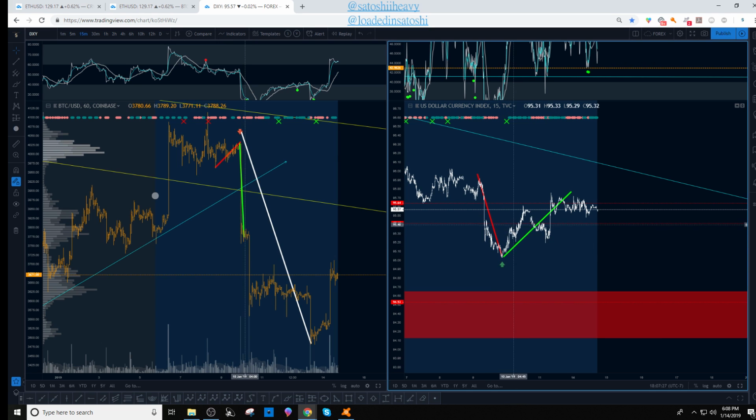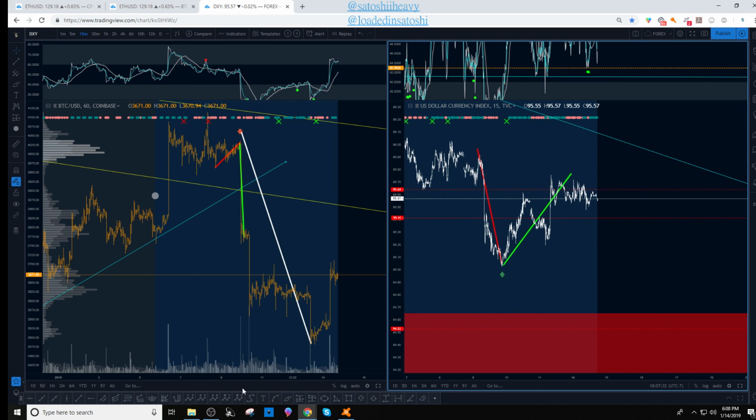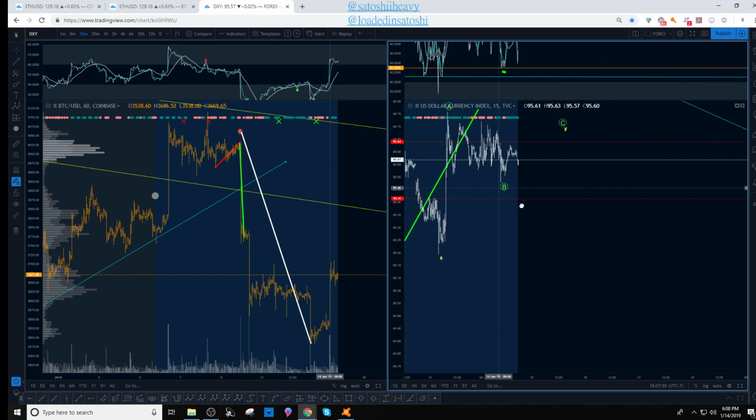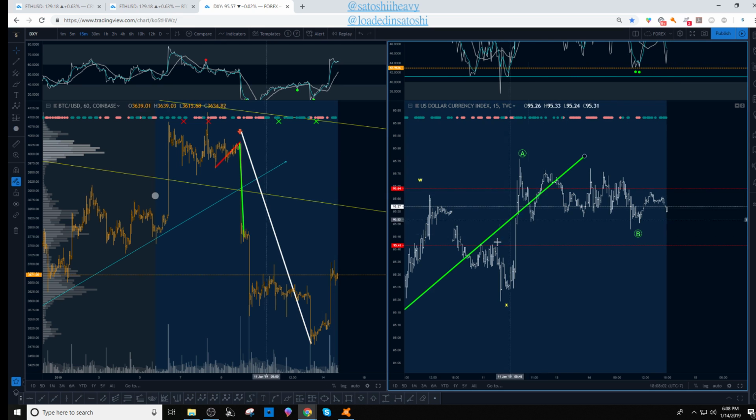This is a three-way move: A, B, C. So maybe this is also a WXY. A, B. The high here is 95.72.